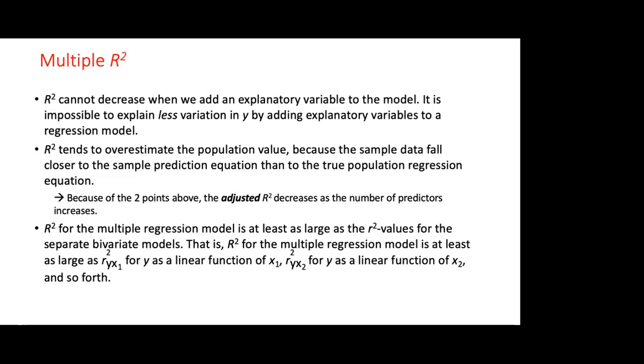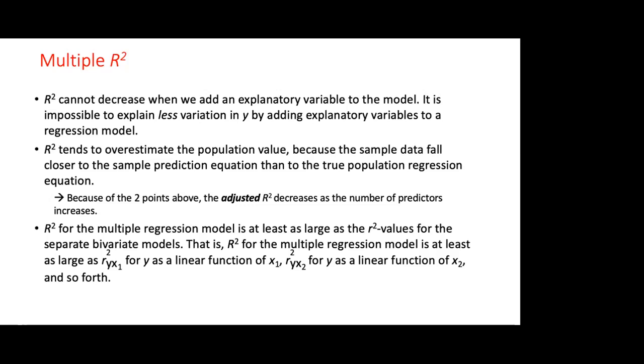So we have a positive bias. And this bias is worse if we add more predictors to the model, because the predictors can only make the model better, even if the true effect is 0. So that's why the more predictors we have in our model, the more positive bias we have in our R squared. And that's why our adjusted R squared decreases as the number of predictors increases, everything else being equal.